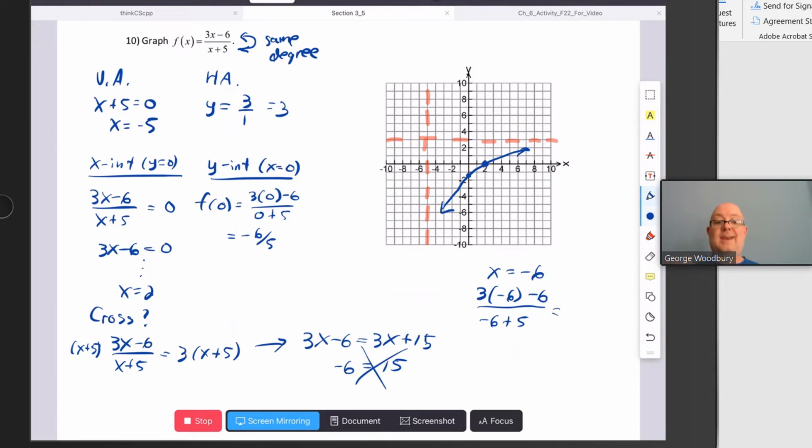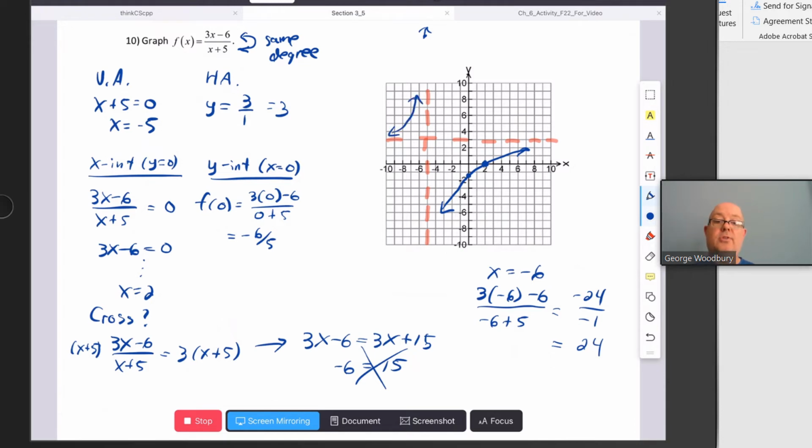On the top, that's negative 18 minus 6, or negative 24. On the bottom, negative 6 plus 5, that's negative 1. And negative 24 divided by negative 1 is 24. So at x equals negative 6, it's going to be way up off the graph, but I can tell that it's going to have that kind of shape.